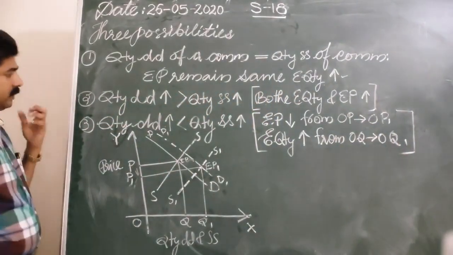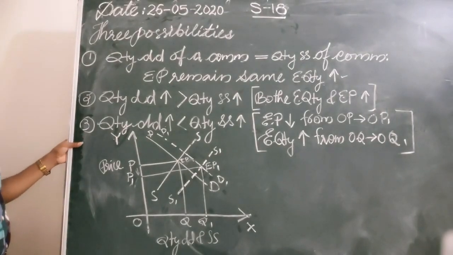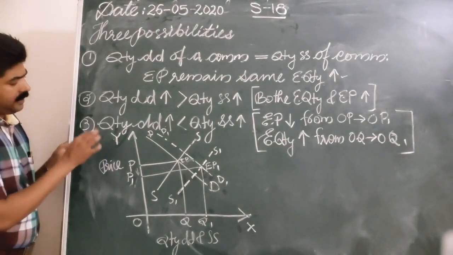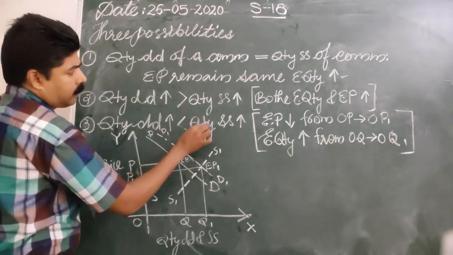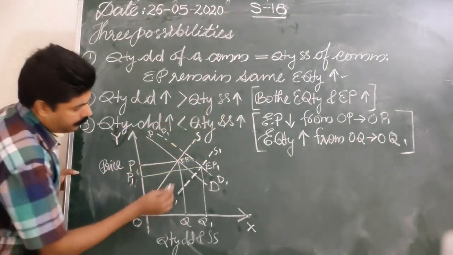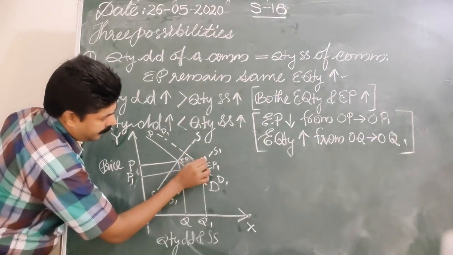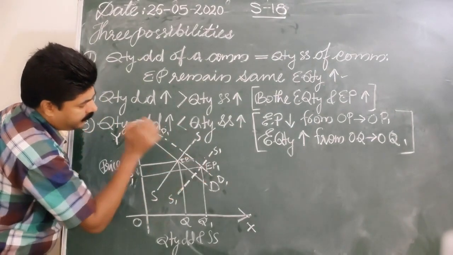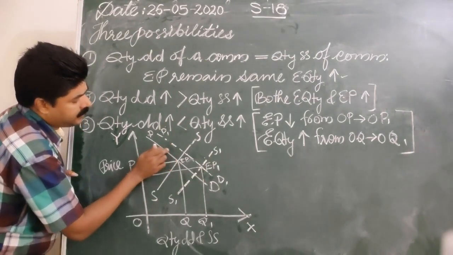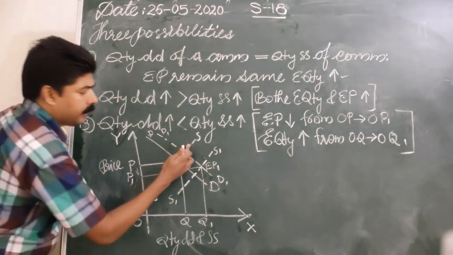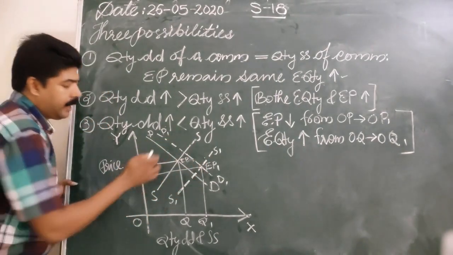Look. So the third possibility which can occur in the market we have discussed: quantity demanded increases greater than quantity supplied. From the diagram, this difference is much bigger than this distance. This difference, which means what is more? Supply is more, demand is less.